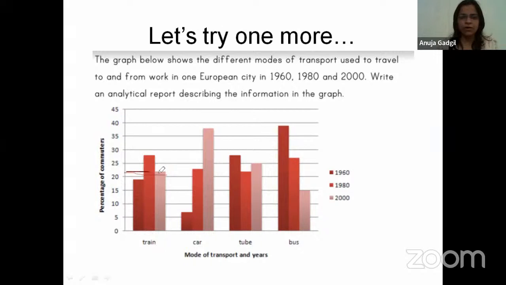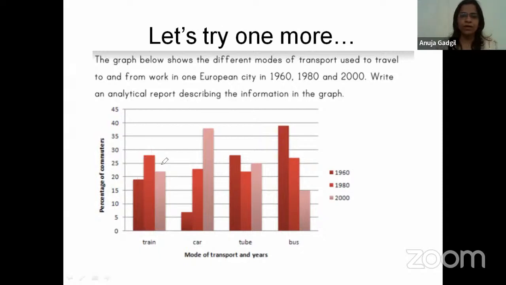So this demand for trains fell. Okay, the demand came down. The demand decreased. See how you can use different words. So for one mode of transport, train, in 3 different years, people liked it or didn't like it. The ratio increased.